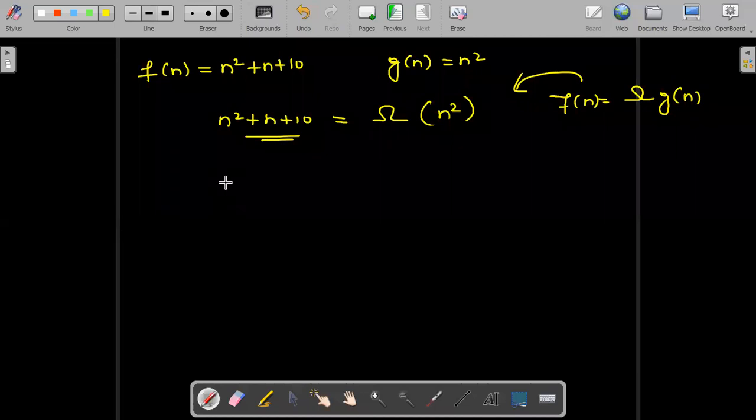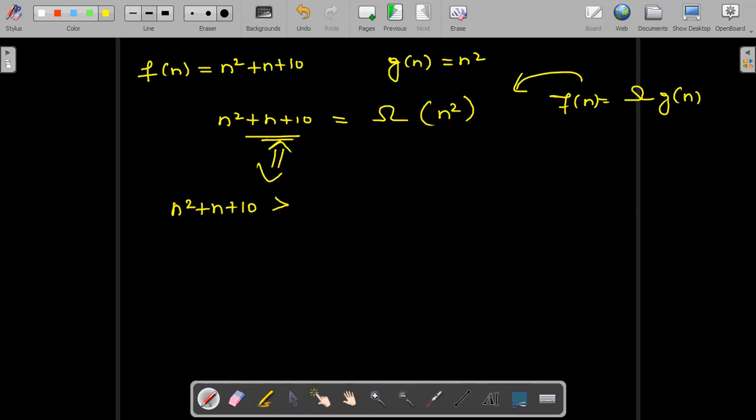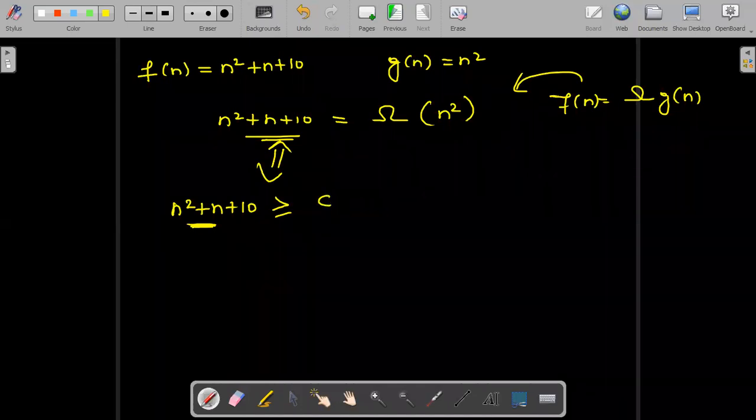Now please understand here, everybody. What c value do we have to take? That is the biggest thing. Before that, let me write this: n square plus n plus 10 is greater than or equal to c dot n square. Look at this symbol: the left side we have to prove greater, and the right side smaller.